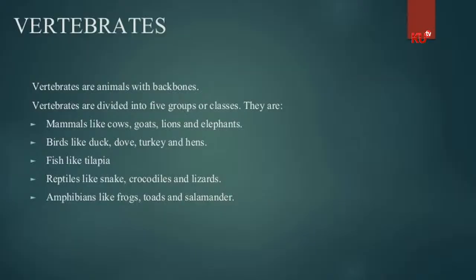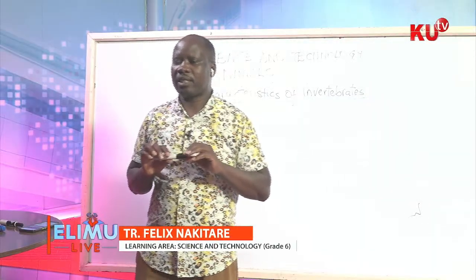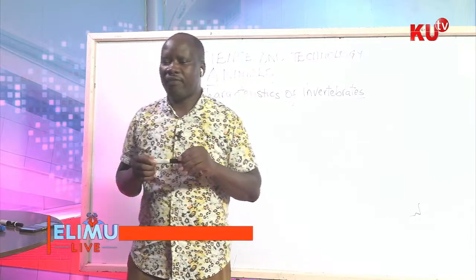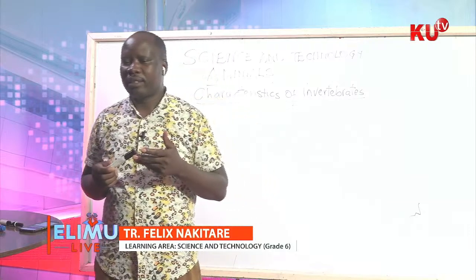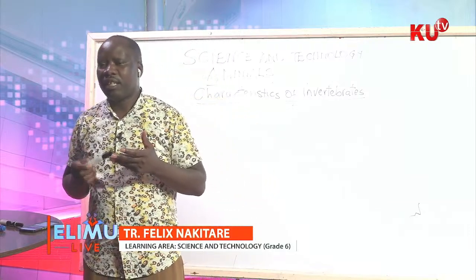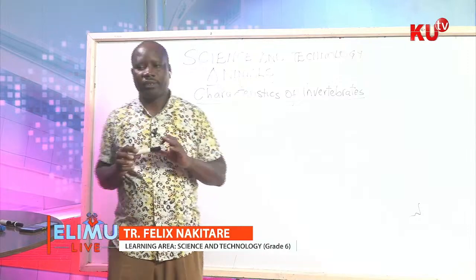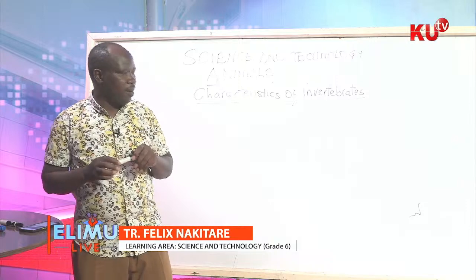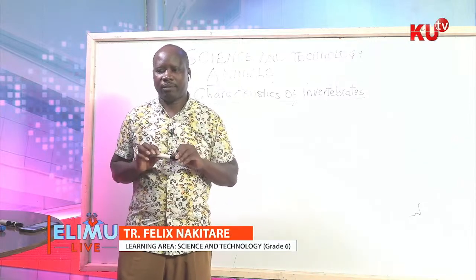Now those are the 5 categories or groups or classes of vertebrates that we learned in grade 5. Mammals, birds, fish, reptiles, and amphibians. Now, having known that of what we looked at in grade 5, we now come to our grade 6 work.